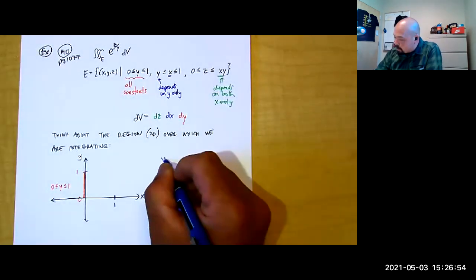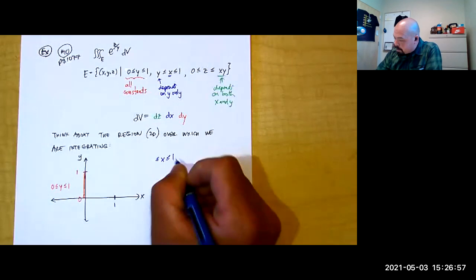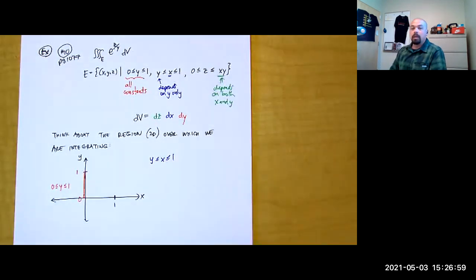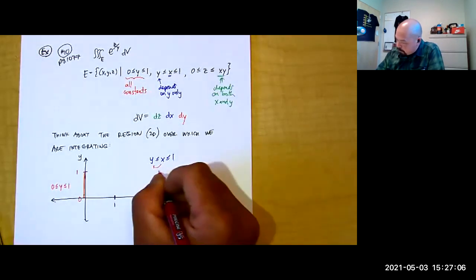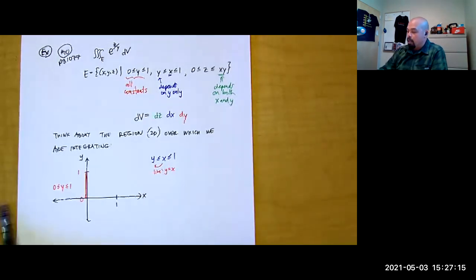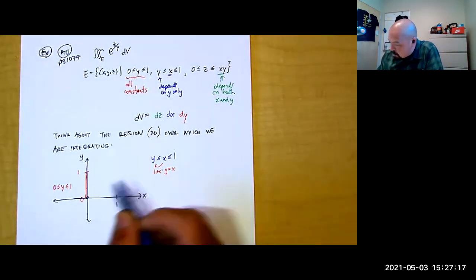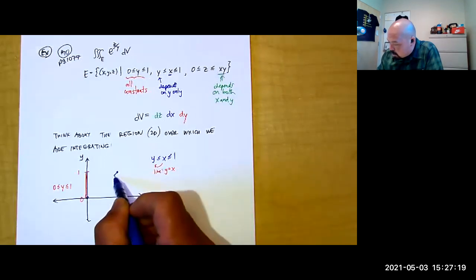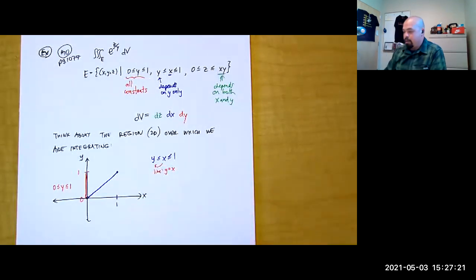And if we see that x goes between y and 1, this is the line y equals x. So we're looking at 0, right?